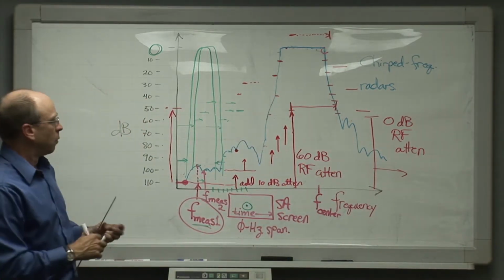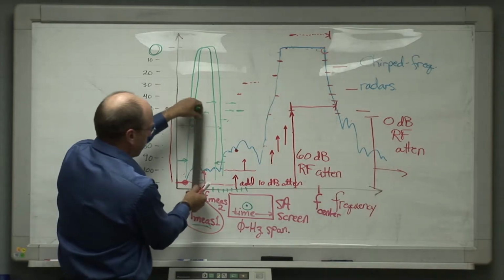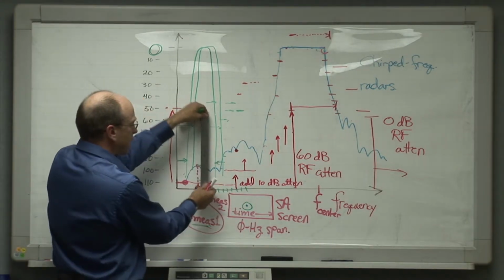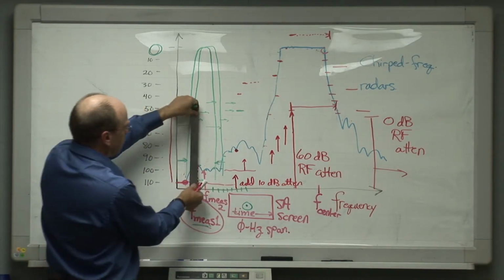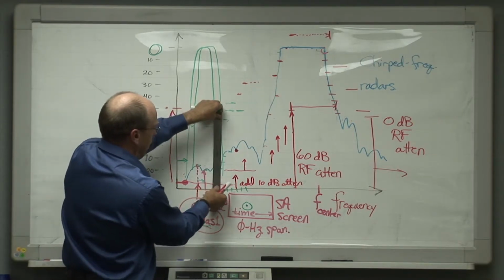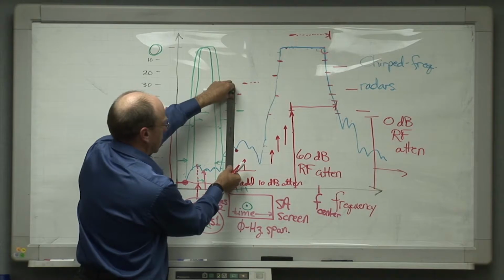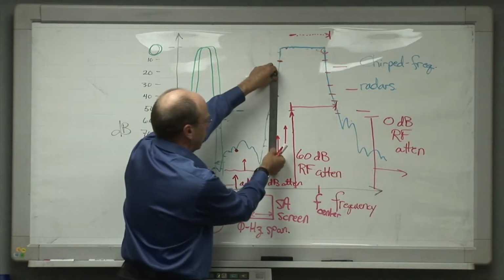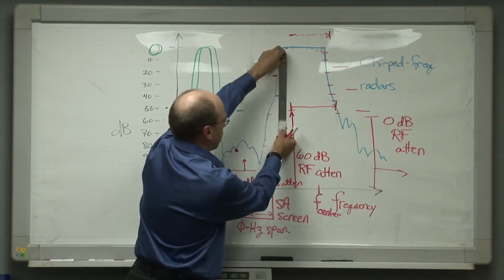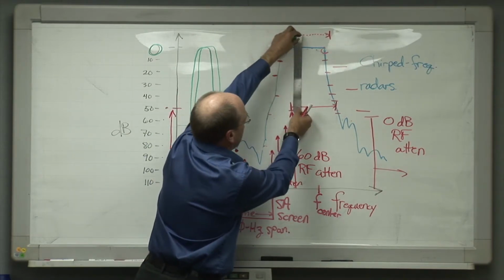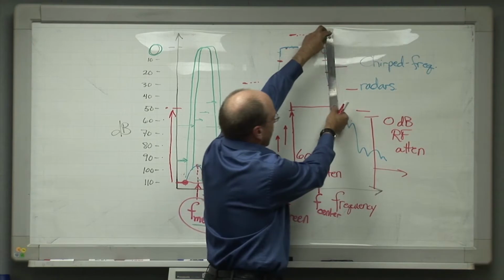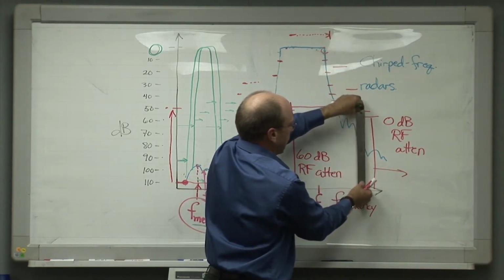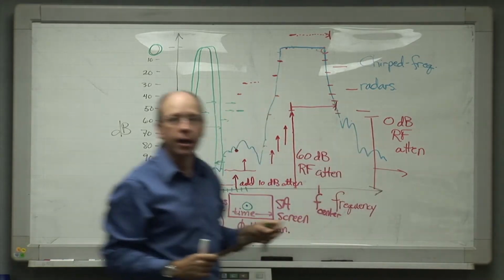In other words, by stepping our way through the spectrum and stopping on each frequency step and taking a measurement and then stepping to the next frequency, we're able to interactively do this with our dynamic range. Walk across, step up, walk across, step up, walk across, step up, walk across like that, and then start bringing the attenuation in the system down and bring our dynamic range back down like that.